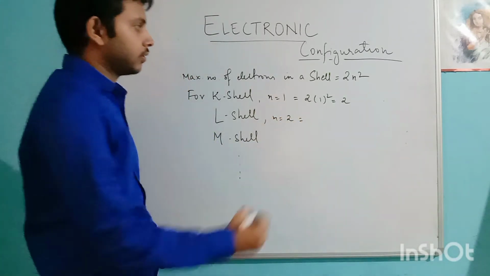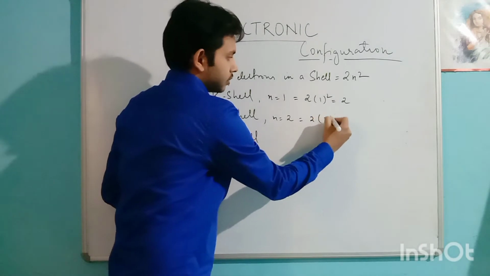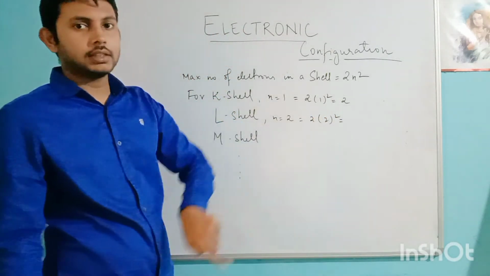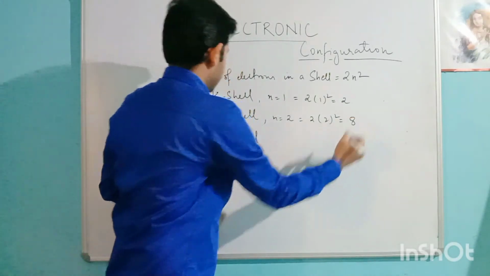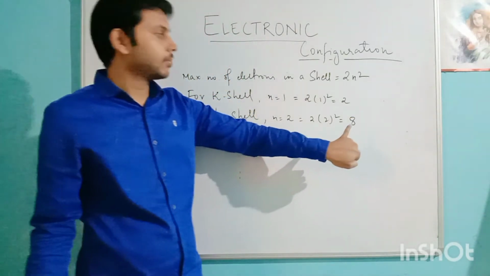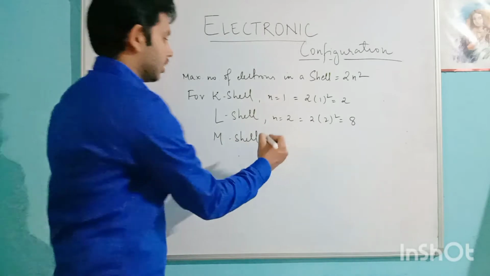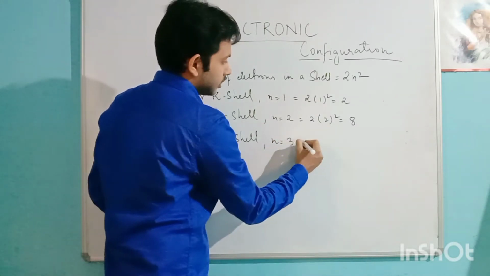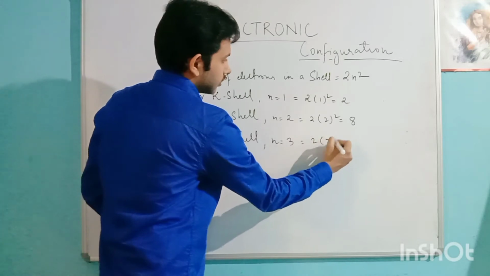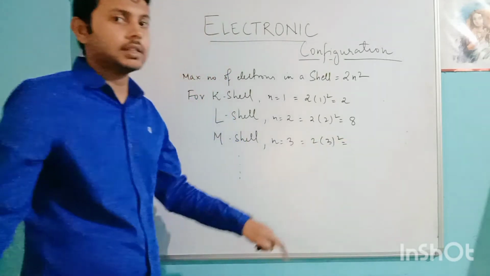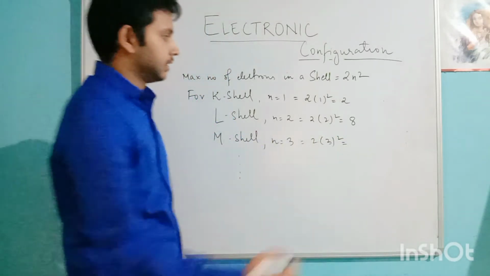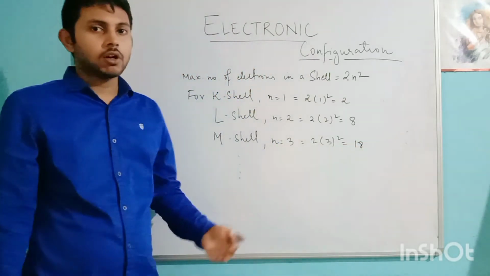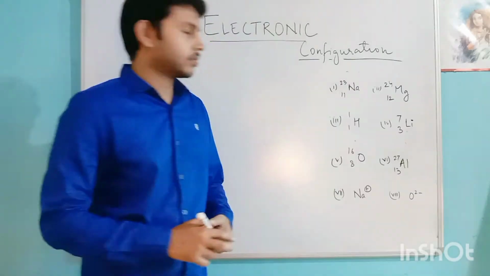So what will be the value? 2 into 2 squared, 2 2s are 4 and 4 2s are 8. So in L cell there can be a maximum number of 8 electrons. Now in M cell, how many electrons can be there? n equal to 3, 2 into 3 squared, which is 3 3s are 9, 9 2s are 18, 18 electrons. Now we will solve some questions.